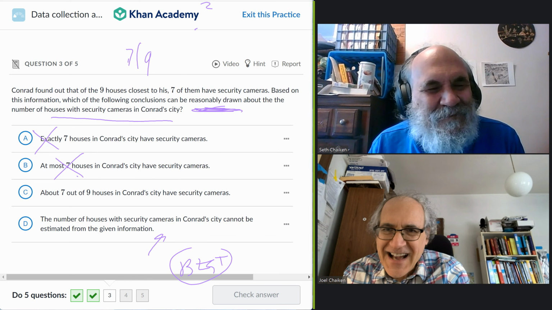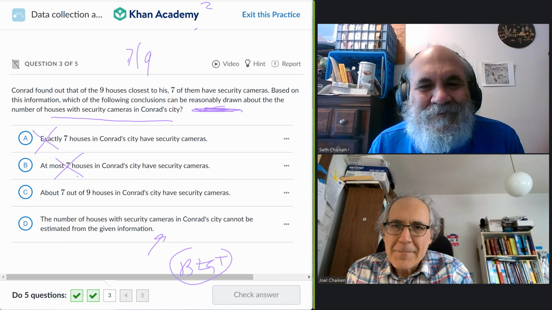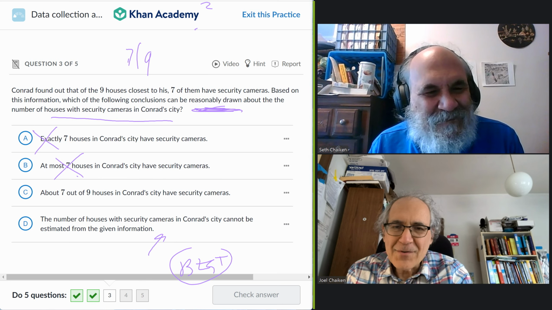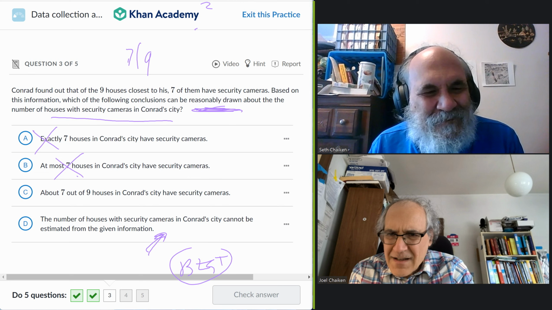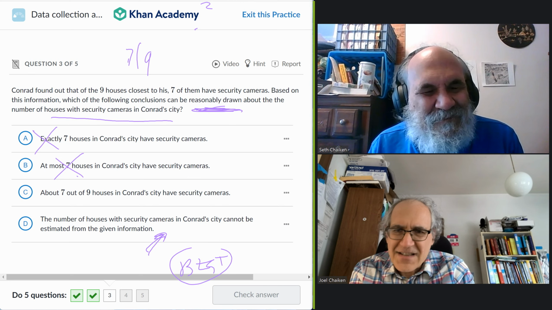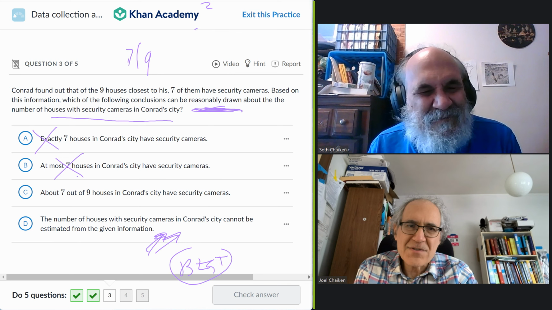I mean, it's such a tiny little thing. Maybe Conrad, or whoever Conrad is, lives in a high crime area. So you could justify that 7 out of 9 is not enough to make a conclusion about the number of houses. Yeah, you could certainly make a justification that the study's too small.